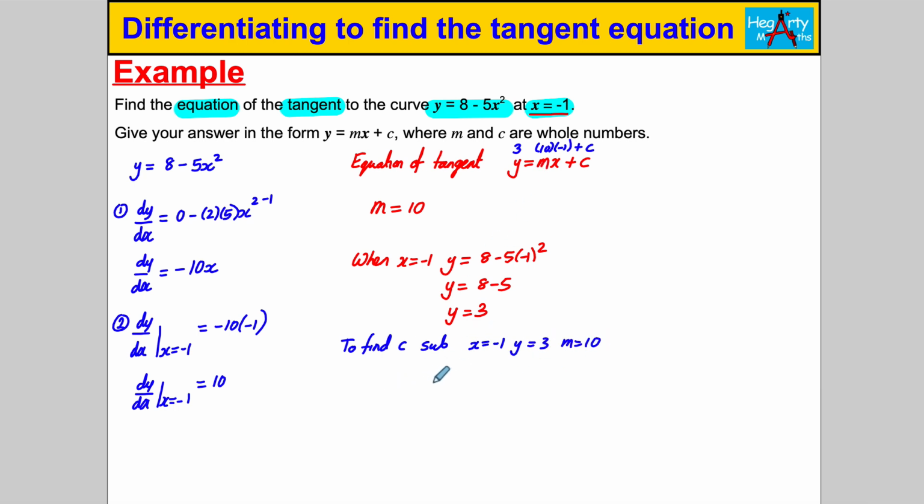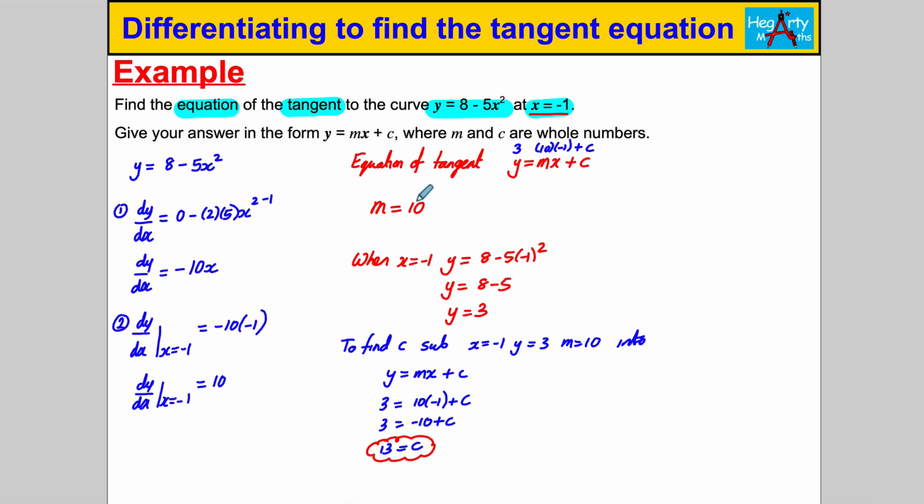And what would we get? Well, we'd get into y equals mx plus c. So we get ourselves 3 is equal to 10 multiplied by negative 1 plus c. So 3 is equal to negative 10 add c. Add 10 to both sides, we would get c is 13.